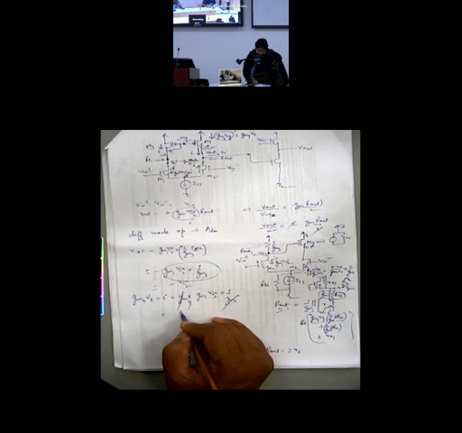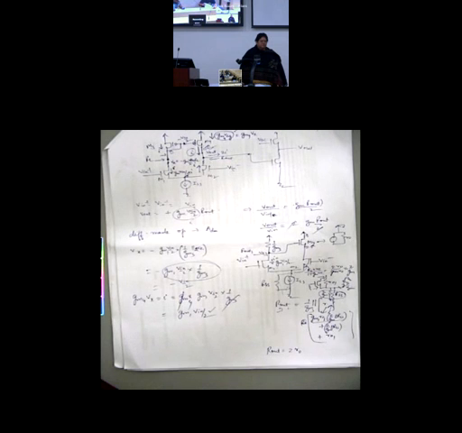GM1 V in by 2 into 1 by GM3. And this cancels out, because both are matched. So this gives you a current of GM1 times V in by 2. So this current component is GM1 times V in by 2.